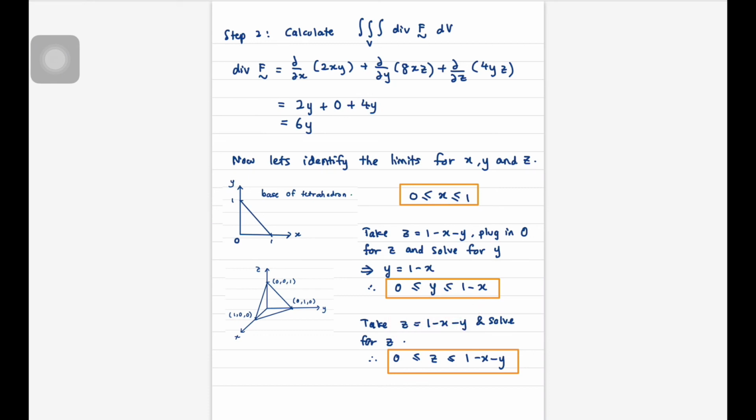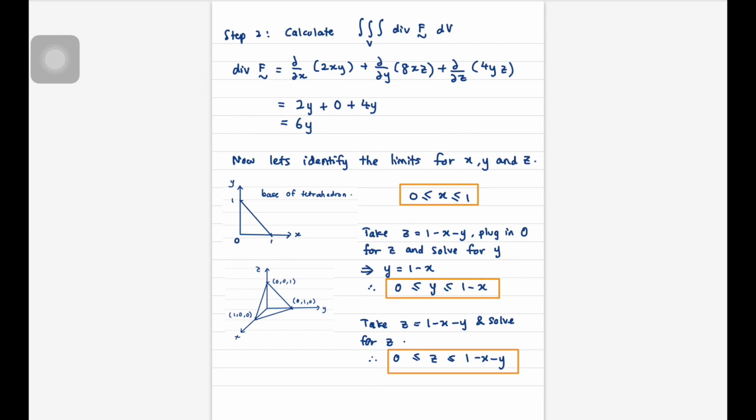So to find the height of z, you take z equal to 1 minus x minus y. So this is the limit for z.